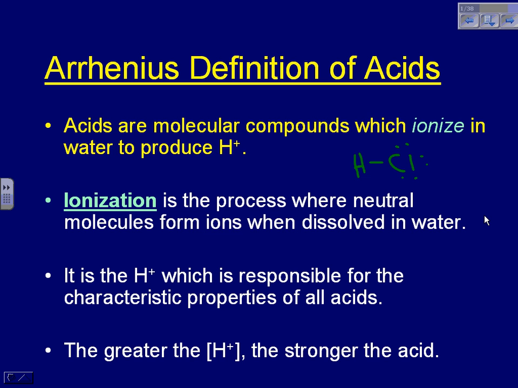And so when HCl goes into water, this bond is literally broken. When that bond is broken, it forms an H+ ion and a Cl- ion. In other words, the Cl gets the electron, and therefore ions are formed, and we call it ionization. So ionization is a little different than dissociation.